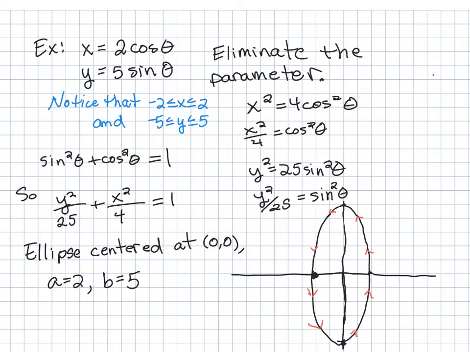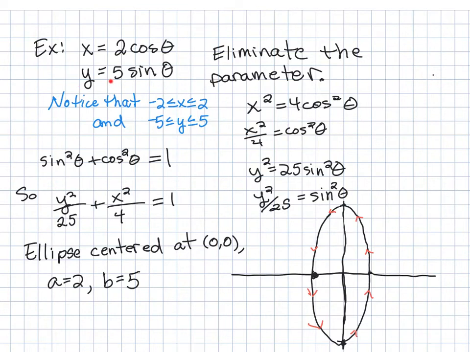Now, we need to recognize that theta can also be a parameter. Now, we're going to learn graphing in polar coordinates next, and I do not want you to get confused. If you ever have x and y in your problem, then you are doing a parametric equation, period. So don't let that confuse you.